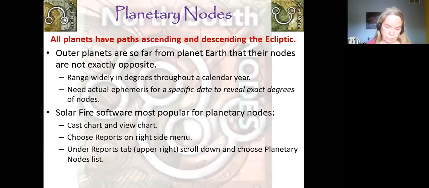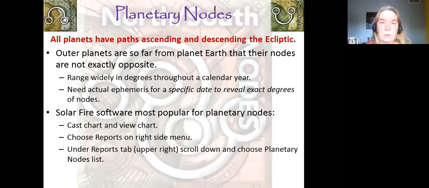And this is something that I think most people find through evolutionary astrology, and it's becoming more and more known in the general field of astrology. And this is basically that all planets have ascending and descending paths around the ecliptic.